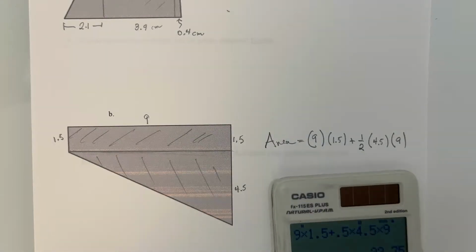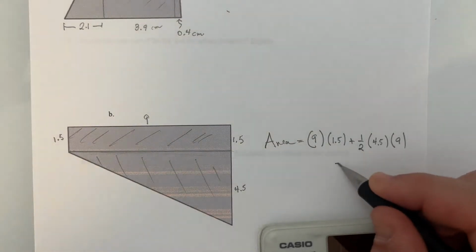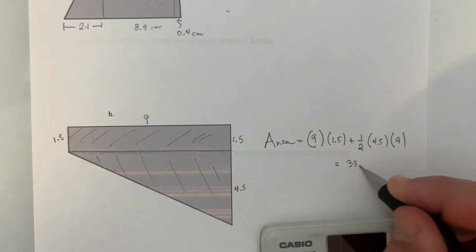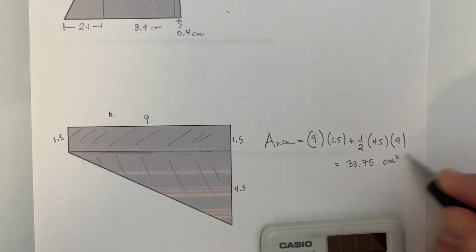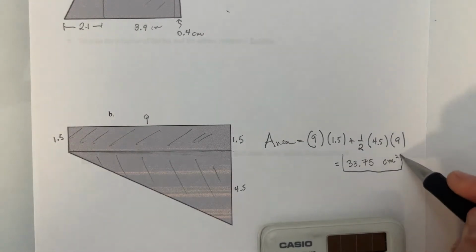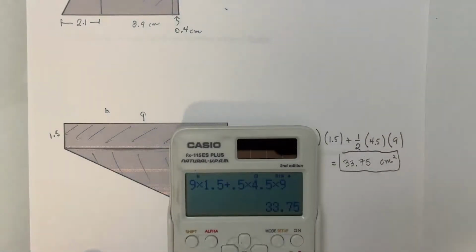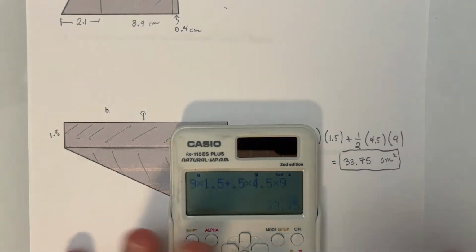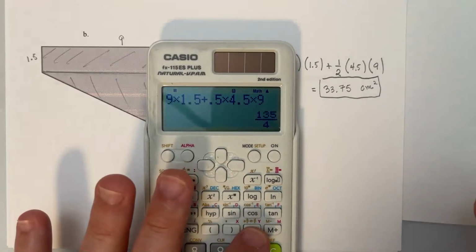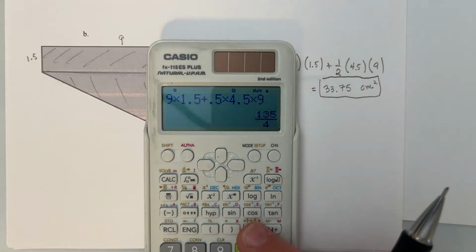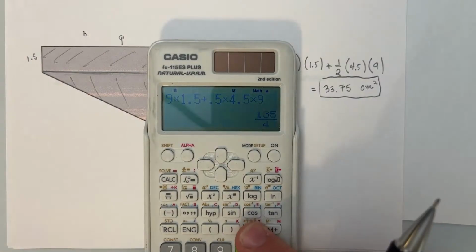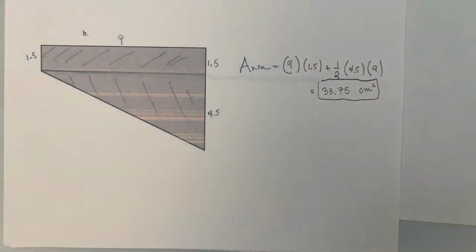This button again, so 33.75. But either way, if you wanted to leave it, so I'm pressing S to D, standard to decimal, if you wanted to write it as 135/4, that's great. Okay.